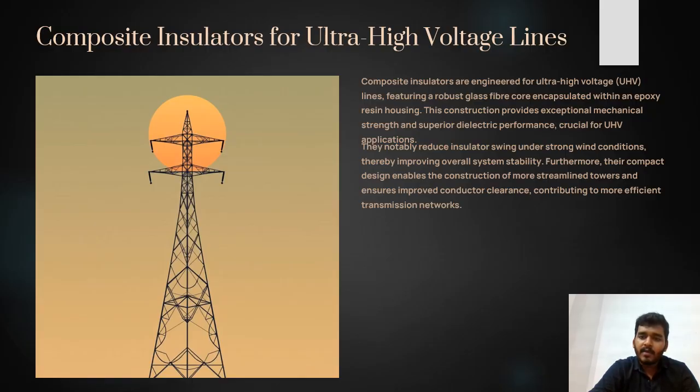The construction provides exceptional mechanical strength and superior dielectric performance, crucial for ultra high voltage applications. They reduce swinging under strong conditions, thereby improving overall system stability. Furthermore, a more compact design and construction streamlines the towers, ensuring improved conductor clearance and contributing to more efficient transmission networks.